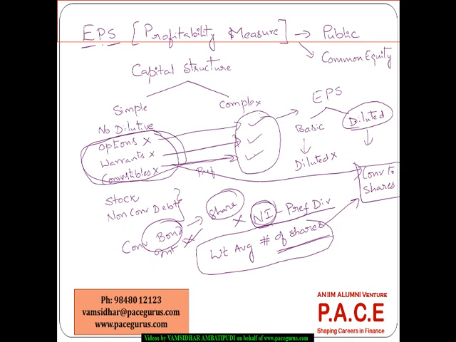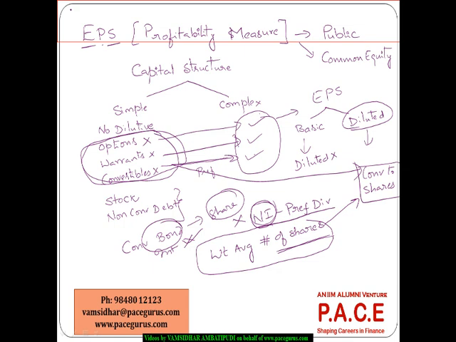That revised EPS is what we call the diluted EPS. Once we take up a few numericals, things become easier for us. So let's try to understand some of these things.